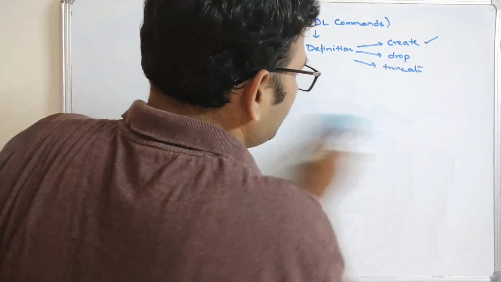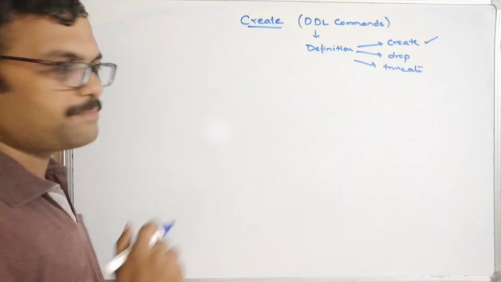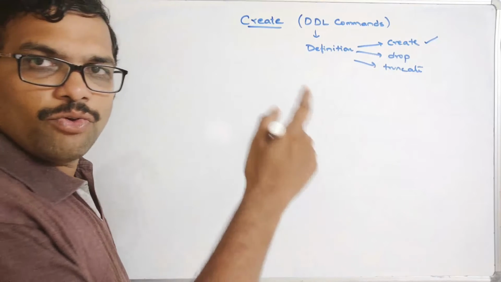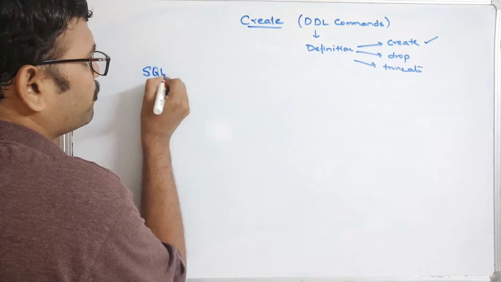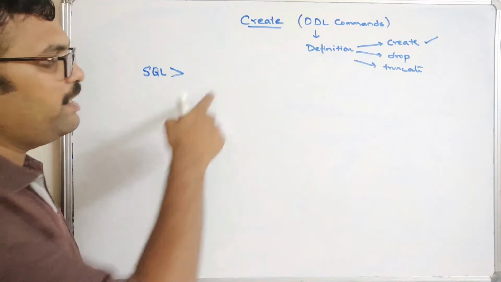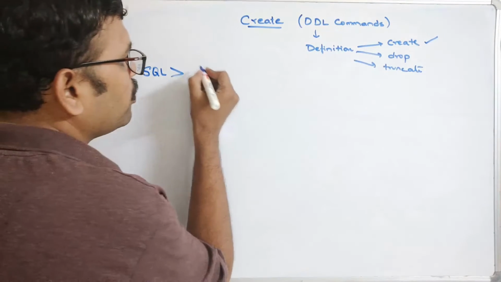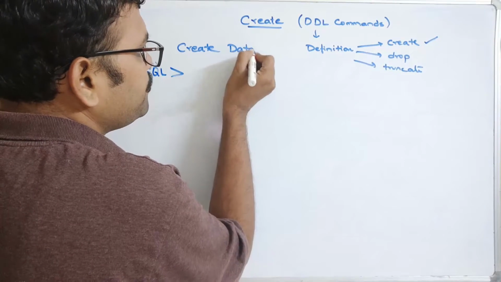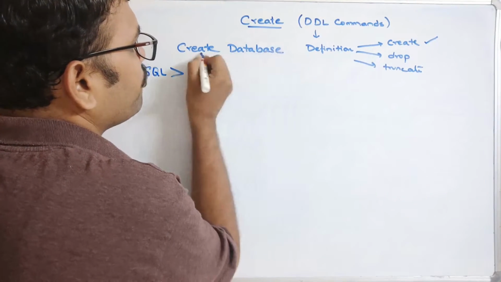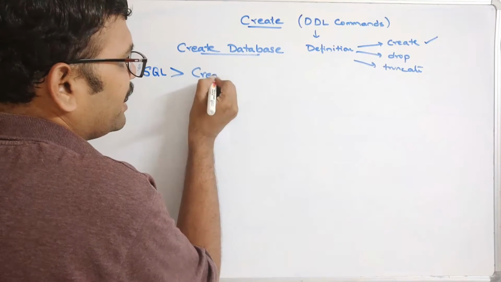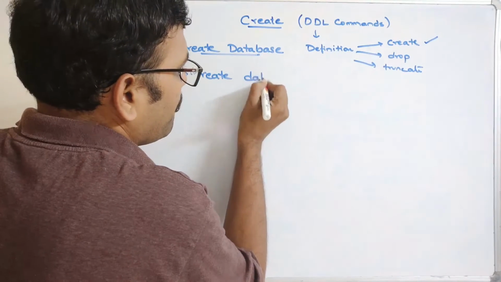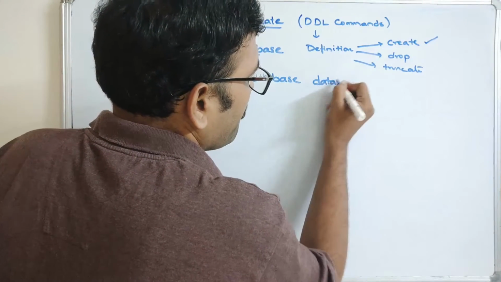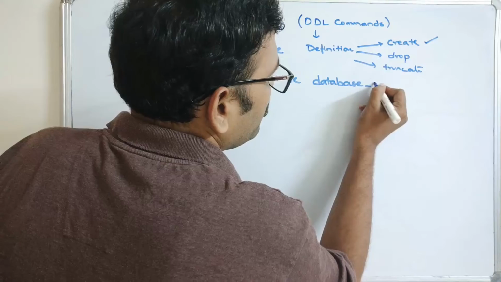First of all, let us see how to create a database. If you log into the MySQL command line, you will get a SQL prompt, and here you need to write down the queries. In order to create the database, the syntax is create database followed by the database name.